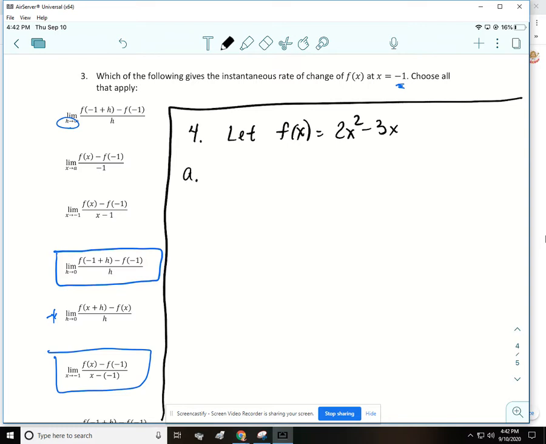A is going to ask us to find the instantaneous rate of change at x equals -1 using definition 1.